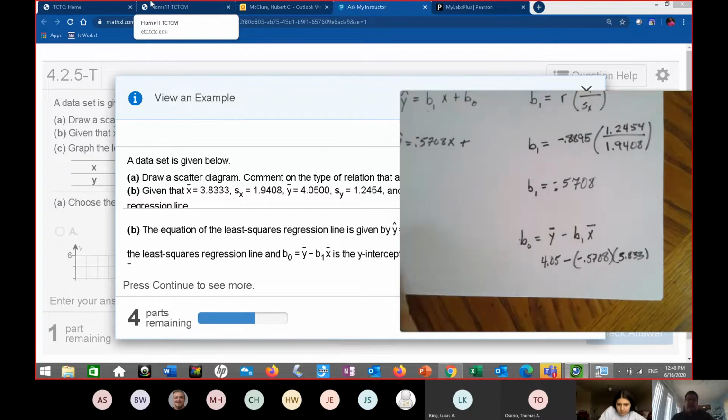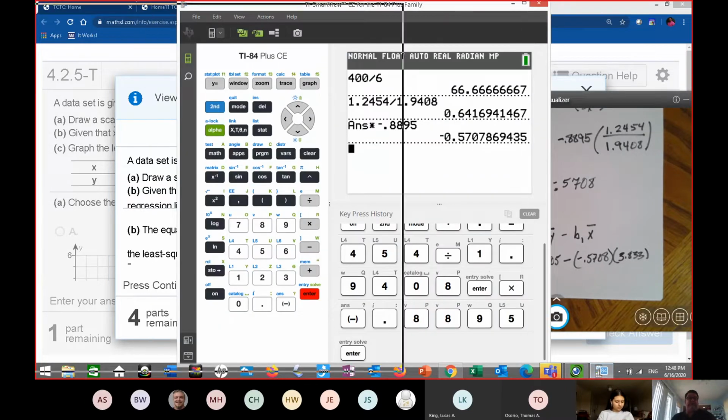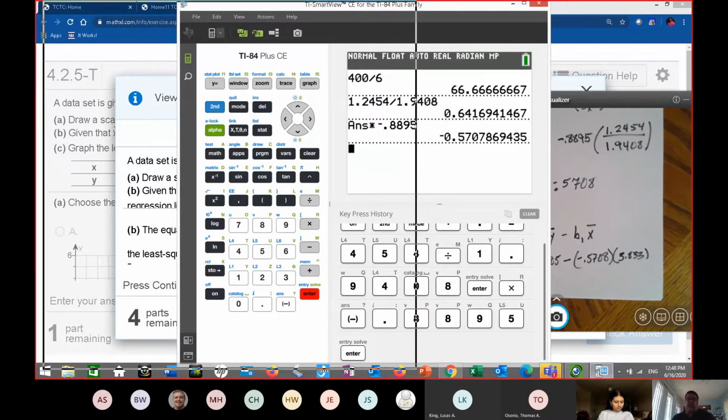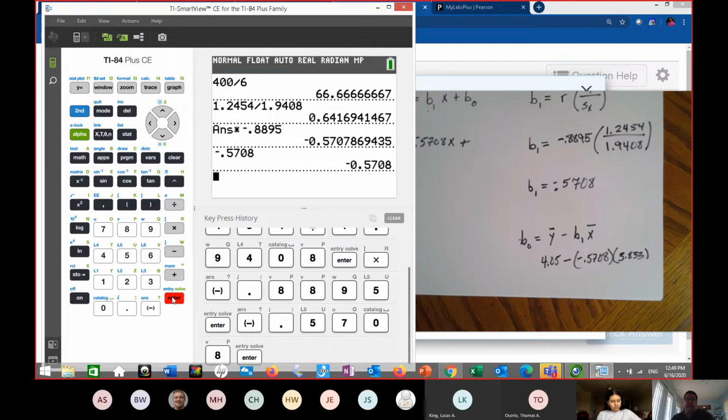So let's take our handy dandy calculator and do all this archaic work. So negative 0.5708 times 3.833.